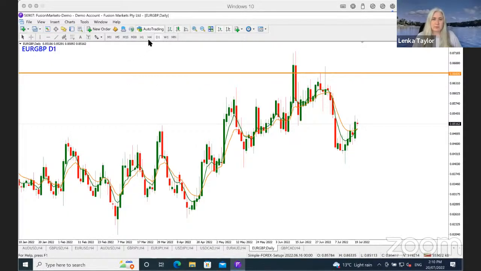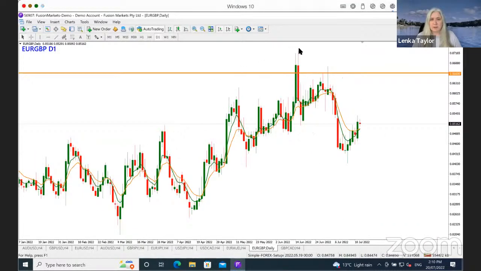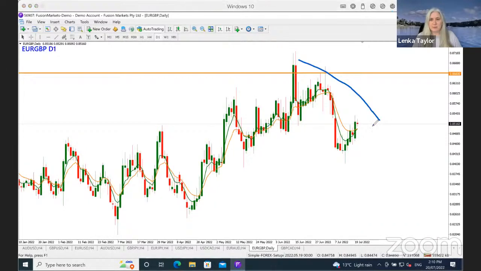So let's have a look on the 4-hourly. In saying that, it is still in a downtrend here, so it could still turn around. We need to be a little bit cautious of where this is going to go.